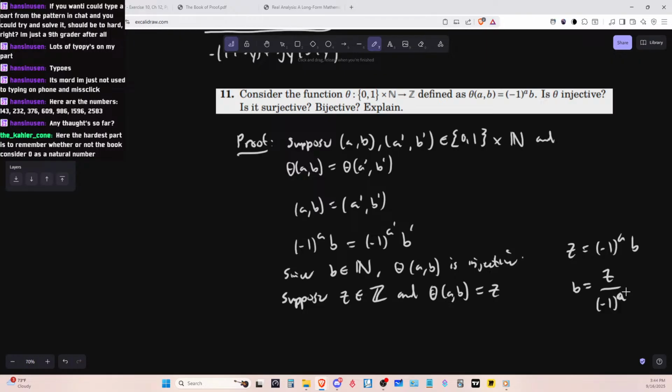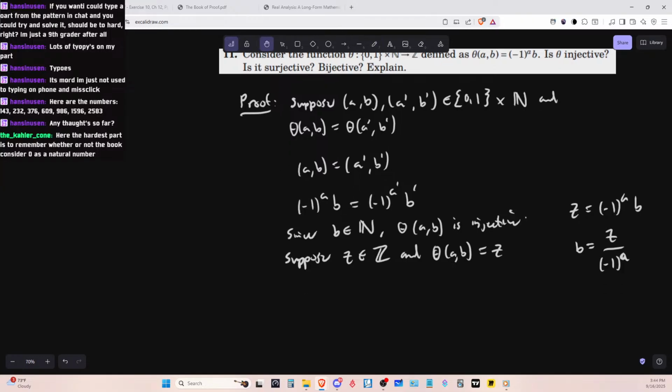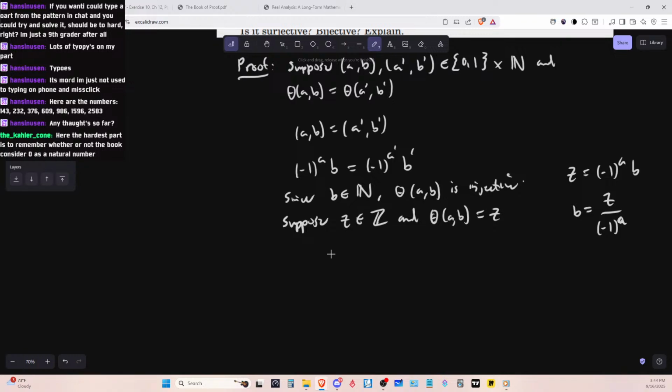Now, I guess we're gonna have to plug it in. And when you plug it in, so we have z is equal to -1 to the a, c, which crosses these out, and then you're left with z equals z.